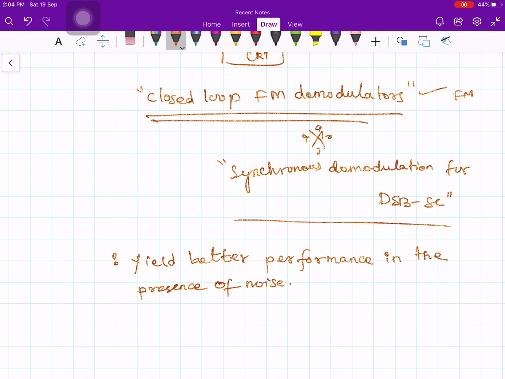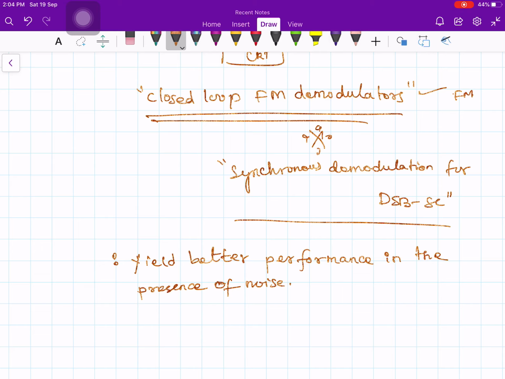It is improper to discuss it fully here, because we have not yet considered the effect of noise on FM and AM signals for that matter. But when we do that, that will give you a preview of the discussion.